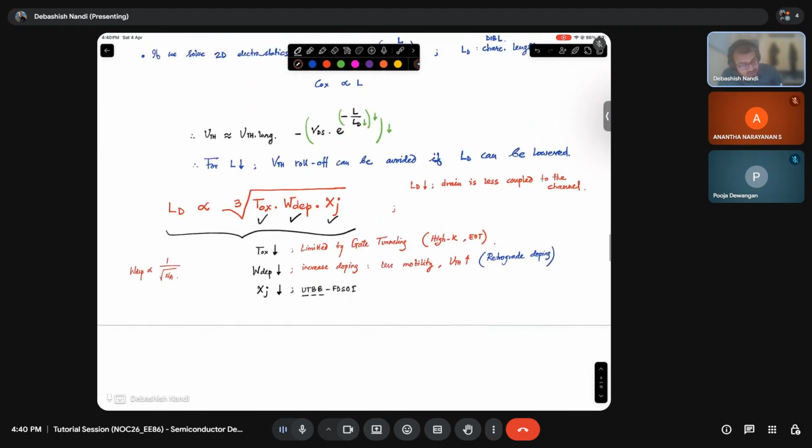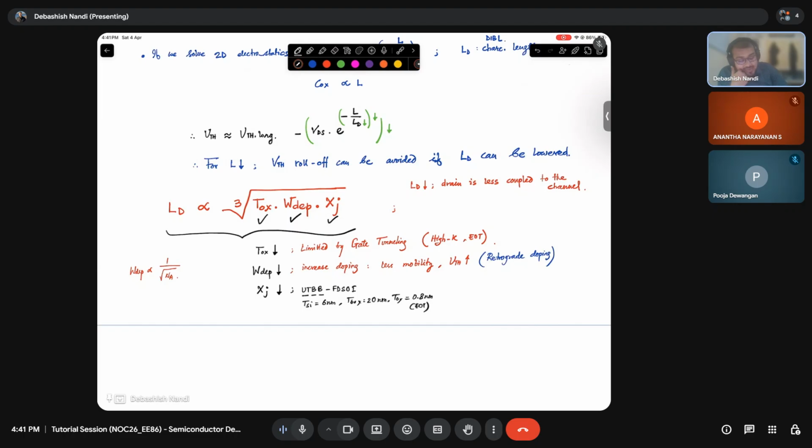So in UTBB today's technology, TSI is around 6 nanometer, T box is around 20 nanometer, TOX is around 0.8 nanometer, that is EOT. So EOT is different than physical oxide thickness. EOT can be lowered by having a higher physical oxide thickness so that tunneling does not happen, but the effective oxide thickness can lead me to higher COX values.